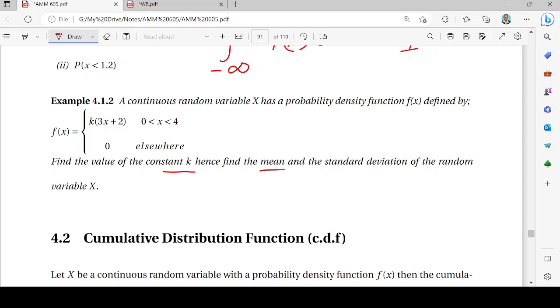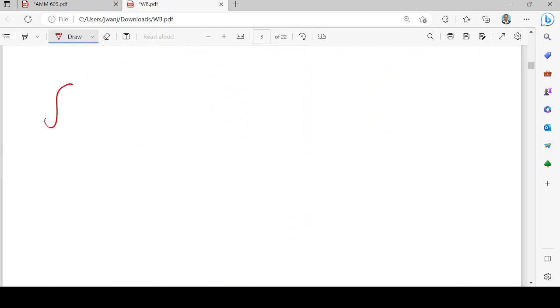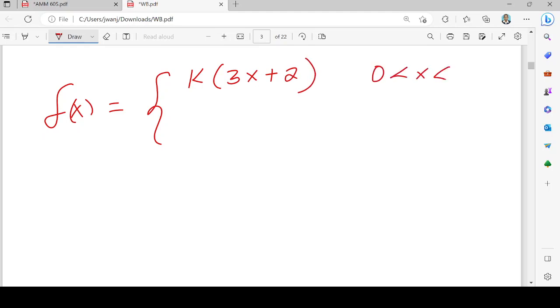Then we want to find the mean and the standard deviation of the random variable. So here the function f of x is defined as k times 3x plus 2 in the interval between 0 and 4, and then the function is 0 at all other points.